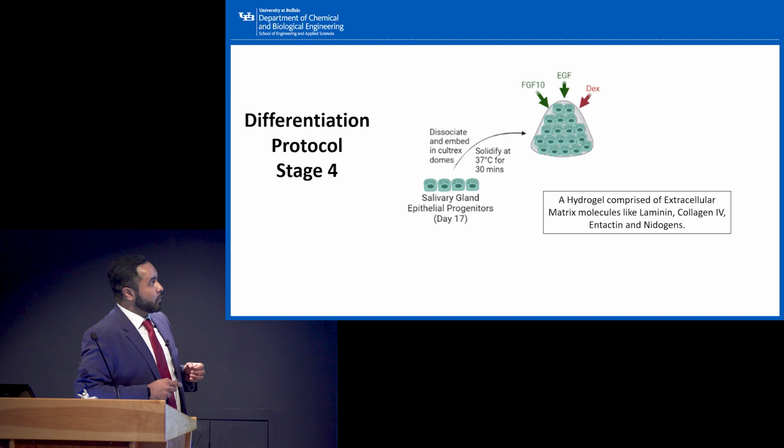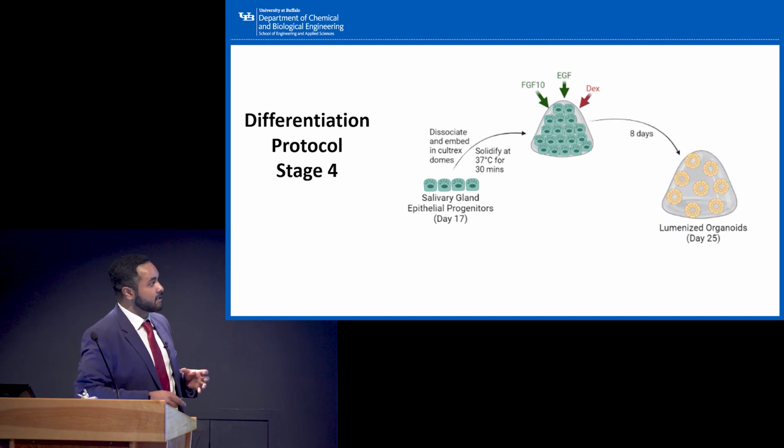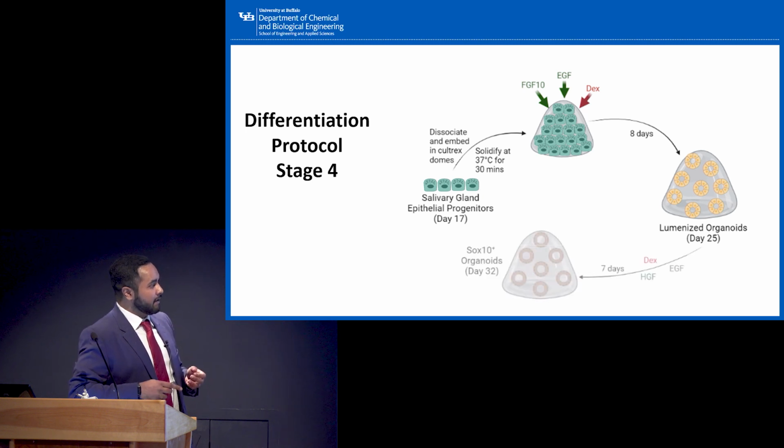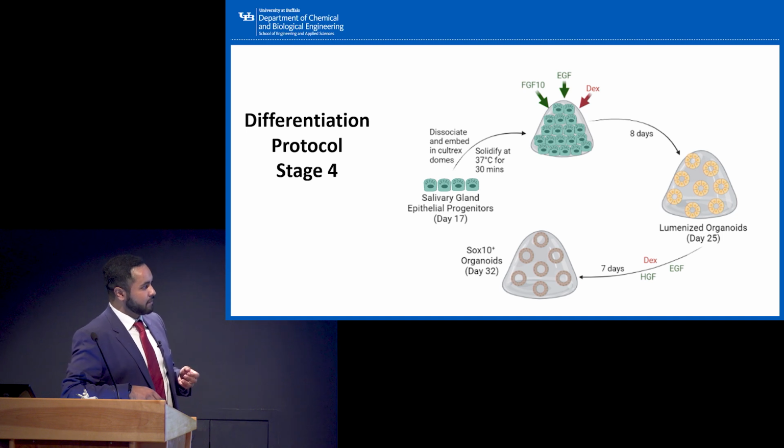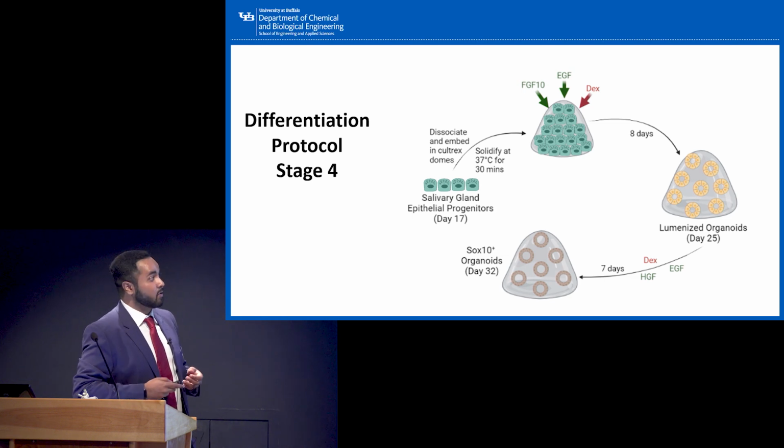After we do that, we hit it with this group of factors for 8 days. And instead of these cells just clumping and forming one mass aggregate, they were able to self-assemble into these luminal progenitor organoids by day 25, after which a treatment of 7 days with these molecules was able to induce SOX10 expression in these organoids.